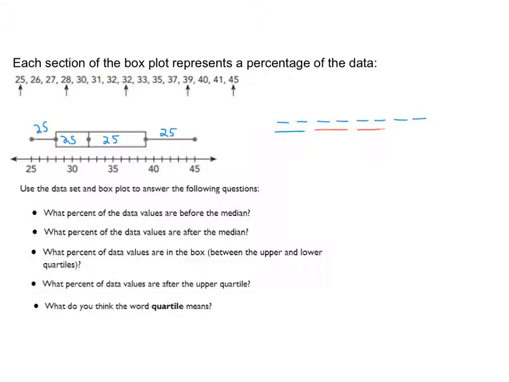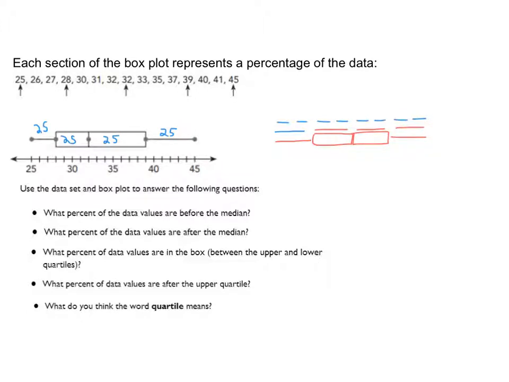The next box would be this 25% of the data, and that last line would be 25% of the data. So you can kind of think of the numbers from the data being represented by each of these sections, right? And so, again, a box plot would look something like this for this data. These lines represent potential data points, data numbers.